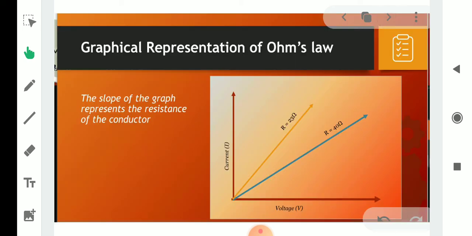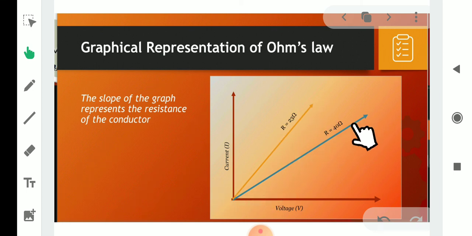Next, let us study how the Ohm's law graph is denoted, the graphical representation of Ohm's law. When we plot voltage and current from the Ohm's law experiment, we get a graph whose slope represents the resistance of the conductor.